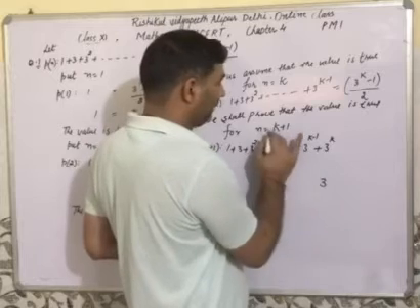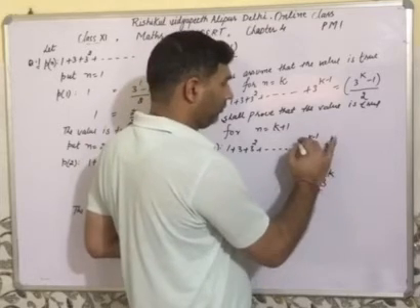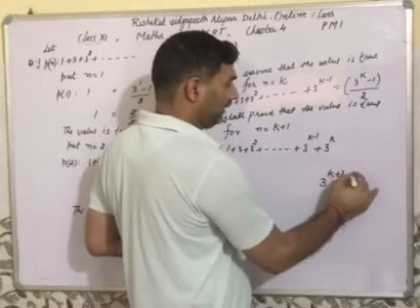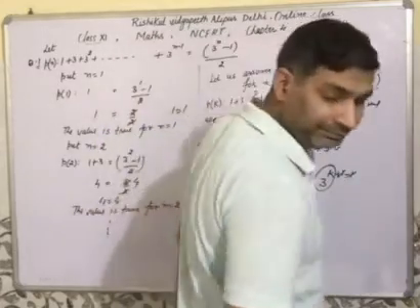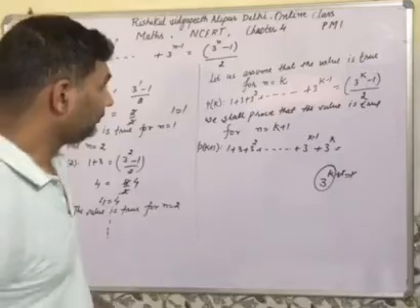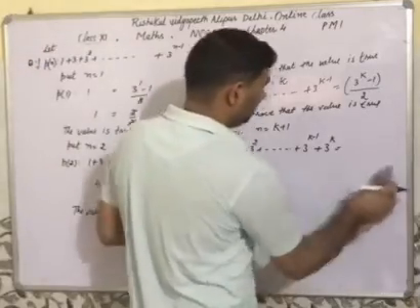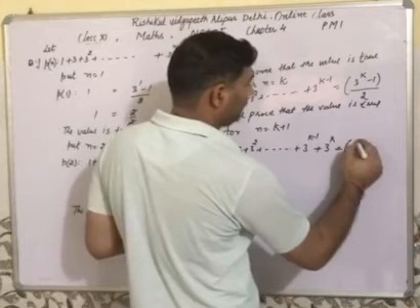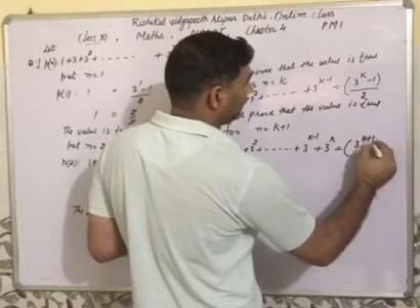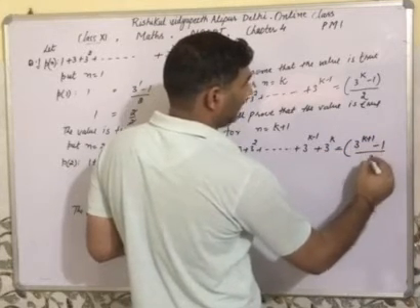In place of 3 raised to power n minus 1 we put k plus 1 minus 1, which cancels out to 3 raised to power k. And then the right hand side is 3 raised to power k plus 1 minus 1 by 2.